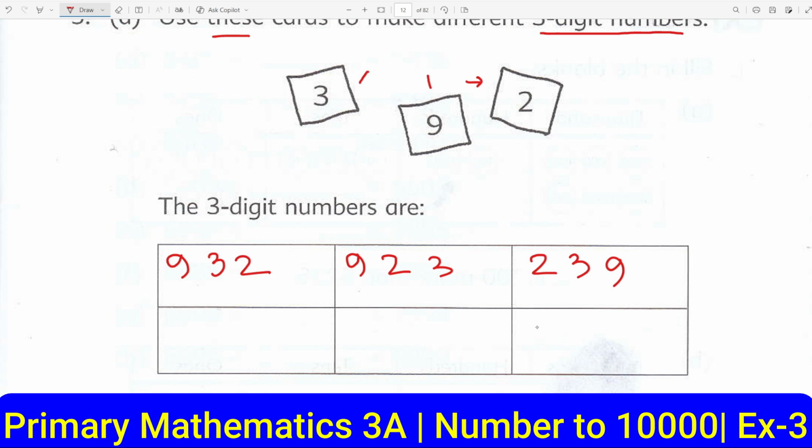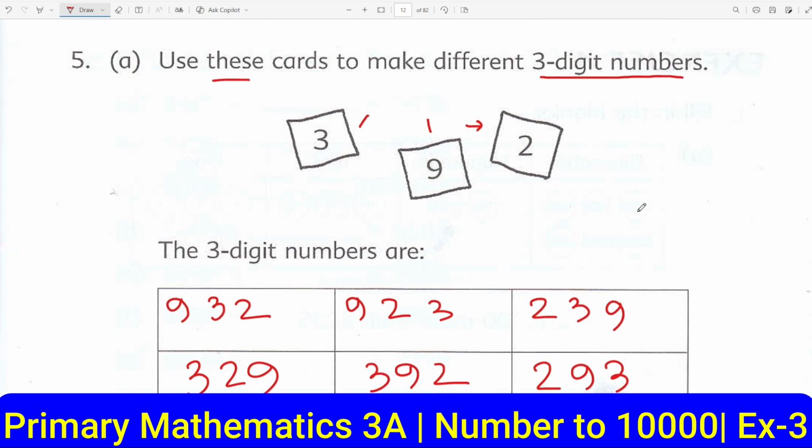Next we can write 2, 9, 3. Next we can write 3, 9, 2, and finally we can write 3, 2, 9. Very smart question. I hope you cleared this one. Just randomly we pick these numbers and try to make new numbers based on 3 digits.